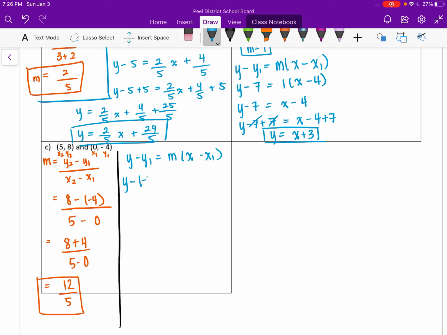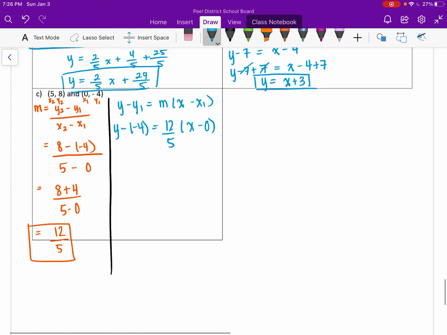You'll get the same number. x minus 0. And this is why I use a 0, because I am frankly just lazy, and I didn't want to do any more math than I needed to. So y plus 4 equals 12 over 5. x minus 0 is just going to be x.